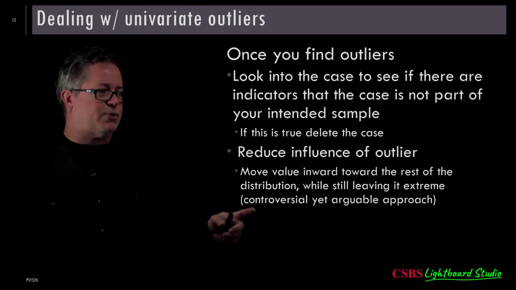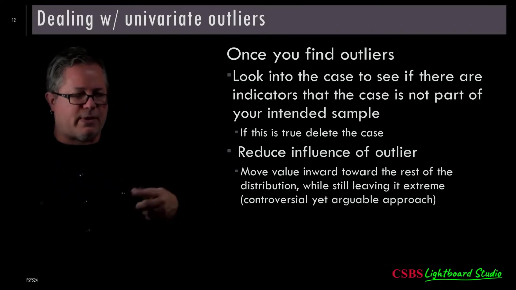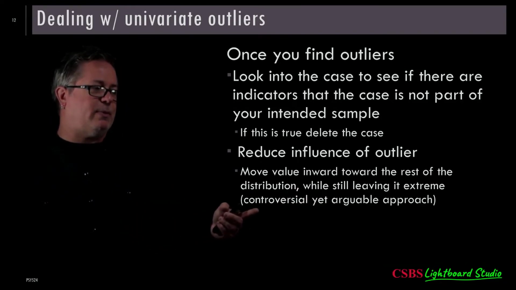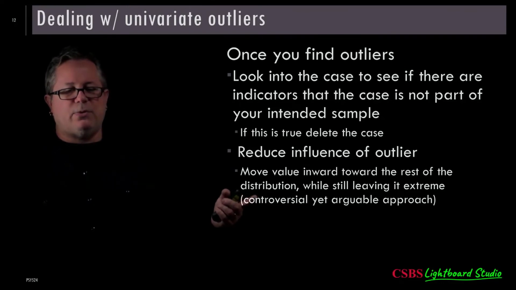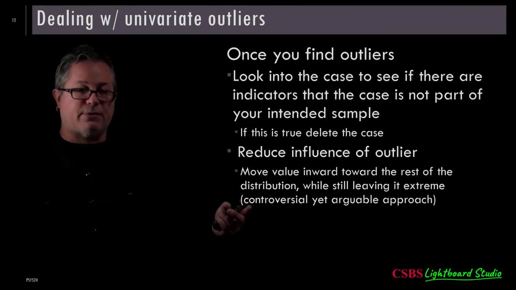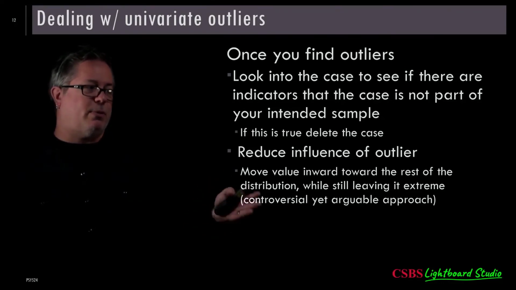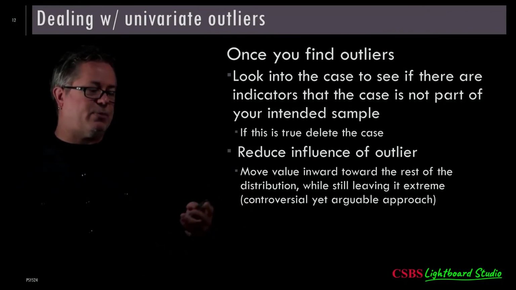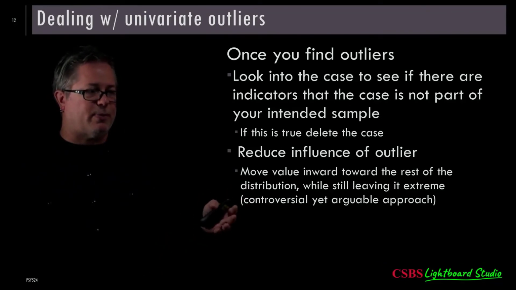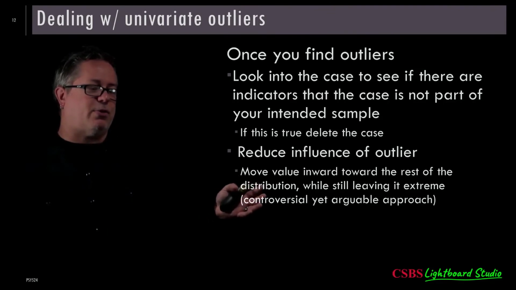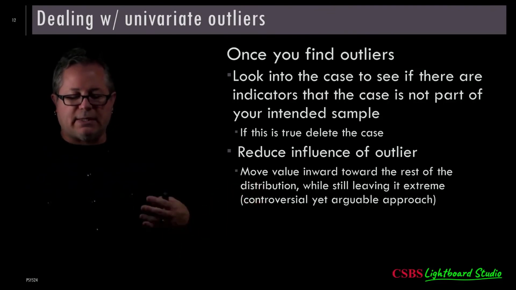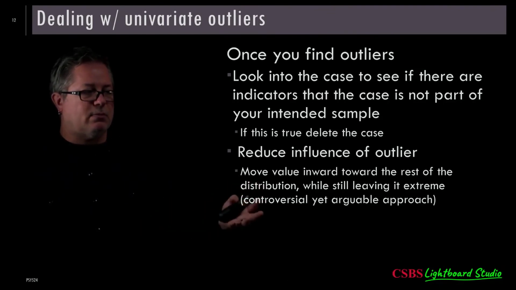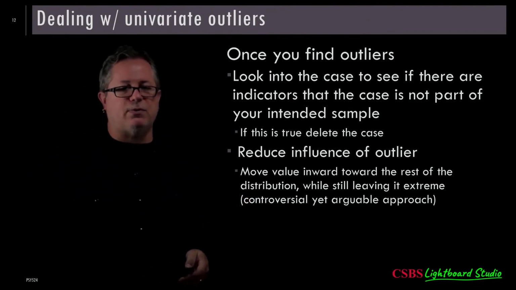It's a controversial approach, but it's recommended by Tabachnick and Fidell in their textbook, and you might see people do it, especially when it takes a lot of time and effort to run people through an experiment. You may not want to throw out their score because you spent so much effort collecting their data. So why not just leave it and reduce the influence their score has?